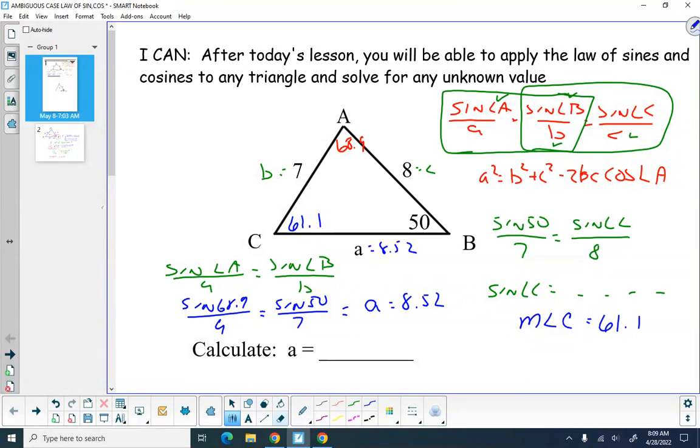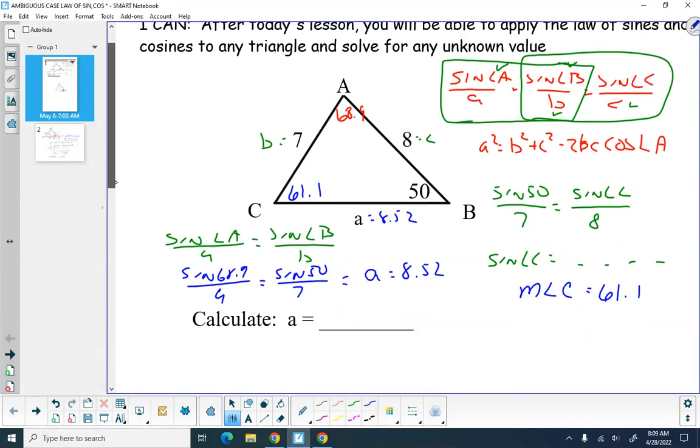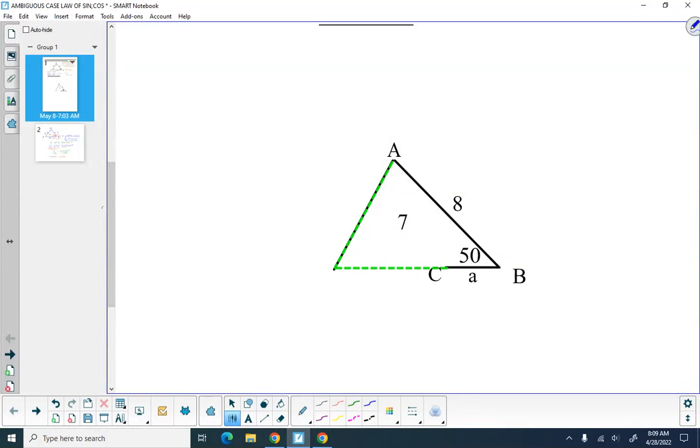But the problem we run into with this is if we go back to our original triangle. Our original triangle was this. This was 8, this was 7, and angle B was 50 degrees. There is a second option for these conditions of this triangle.